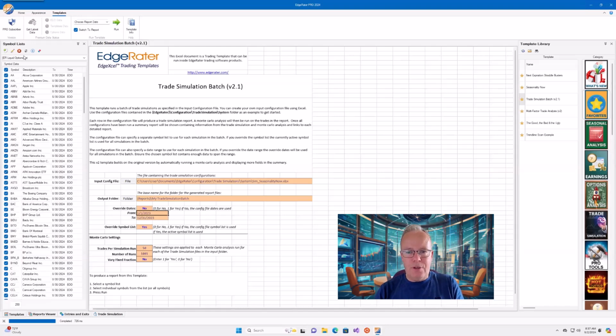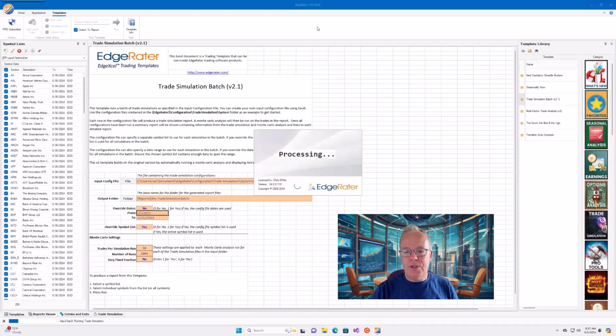These are the big stocks that, if you want to trade options, are reasonably priced and have reasonable bid-ask spreads. It also covers a wide variety of industry groups, so I really like to use this list. So, trade simulation batch. I'll run this now on this list, and you'll see it will take a little bit longer, but not too bad.